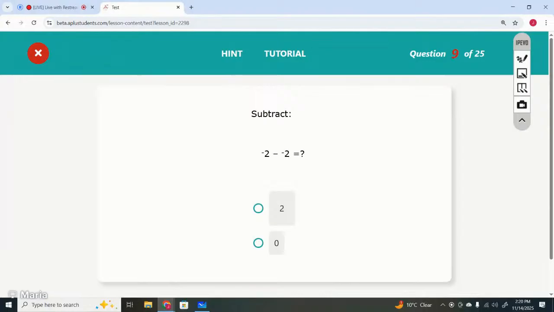Subtracting a negative number is same as adding. So negative 2 plus 2 makes 0. The correct option is 0.